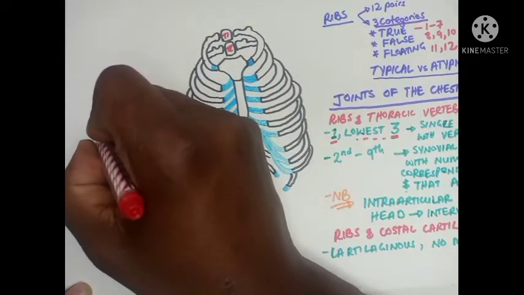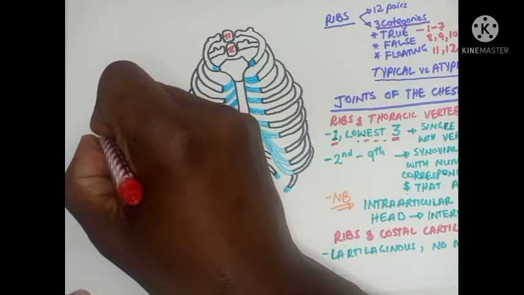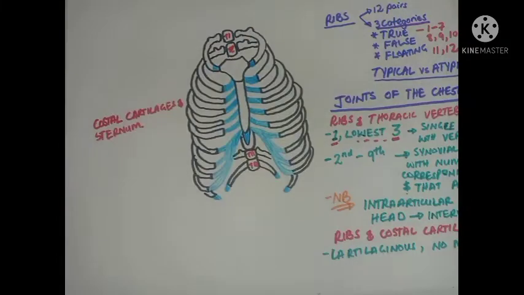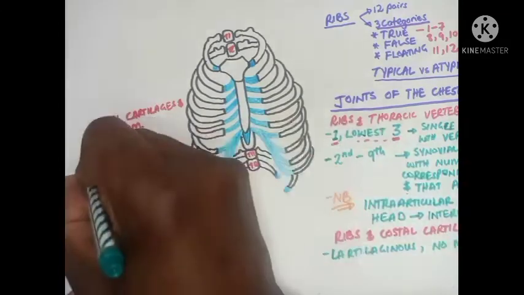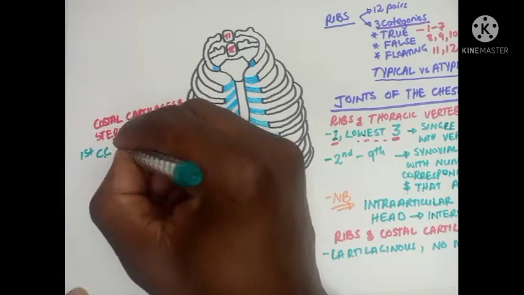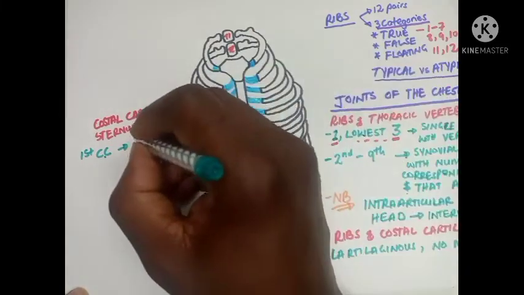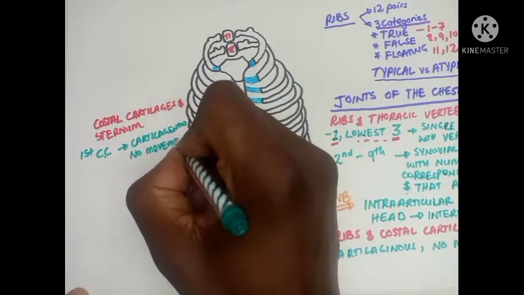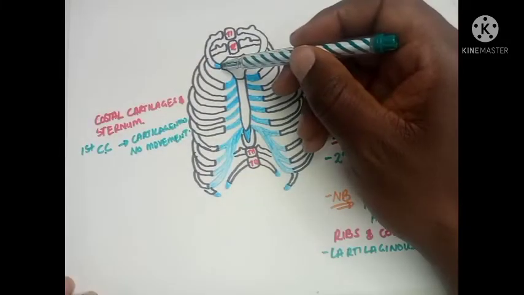So we now move on to the joints between the costal cartilages and the sternum. The first costal cartilage articulates with the manubrium, and this is via a cartilaginous joint with no movement allowed.